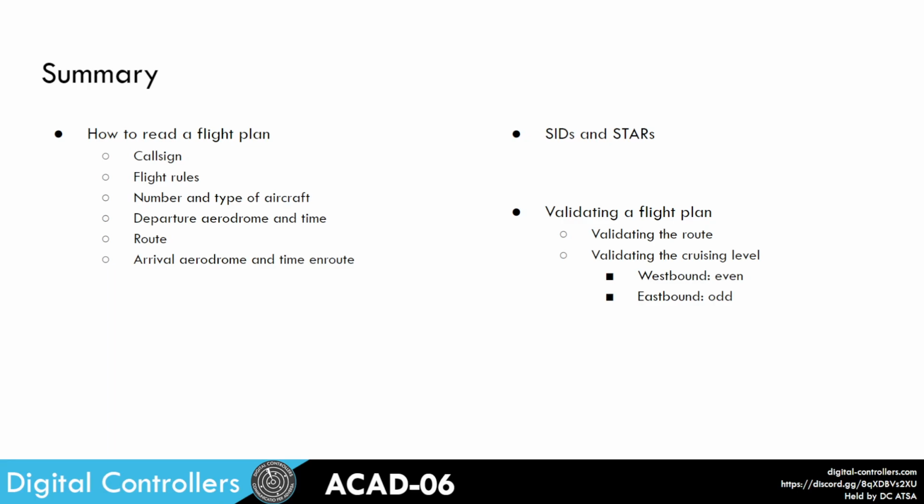We also had a cursory look at SIDs and STARs. And then finally we looked at validating a flight plan, and this involves validating the route, making sure all the SIDs and STARs are correct, making sure the route is in any way reasonable, and also validating the cruising level.